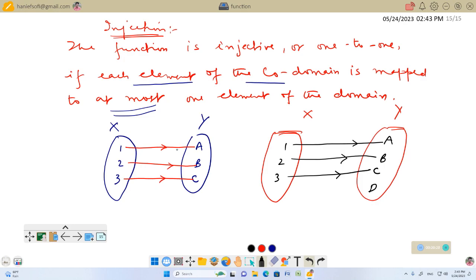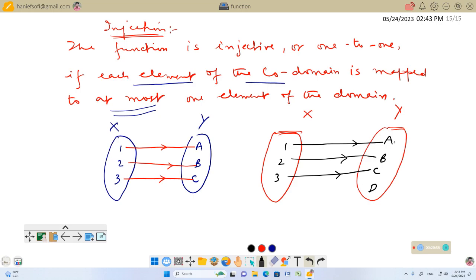The condition is that each element of the codomain should be mapped to at most one element. So the number of elements in set X which can be mapped to each element of Y has an upper limit of 1, right?